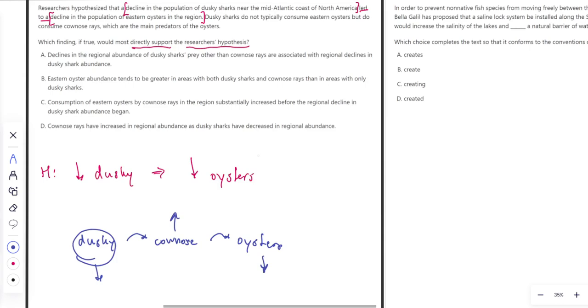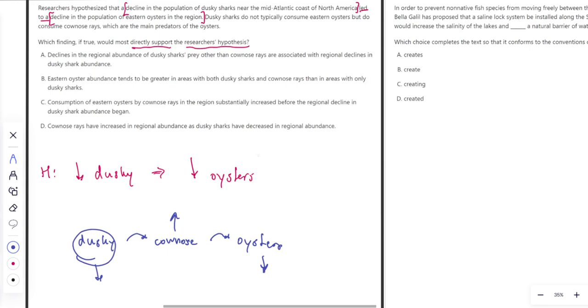Declines in the regional abundance of dusky sharks' prey other than cow nose rays are associated with regional declines in dusky shark abundance. I mean, this doesn't really relate to the main claim, which is dealing with the dusky sharks, the oysters, and the cow nose rays.